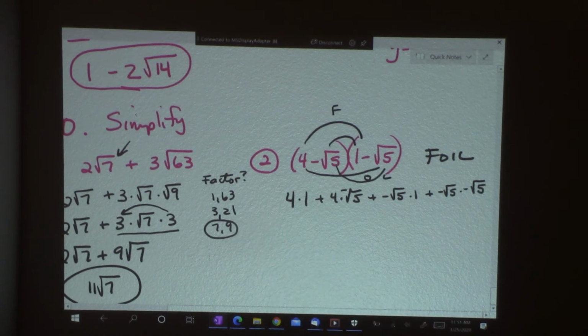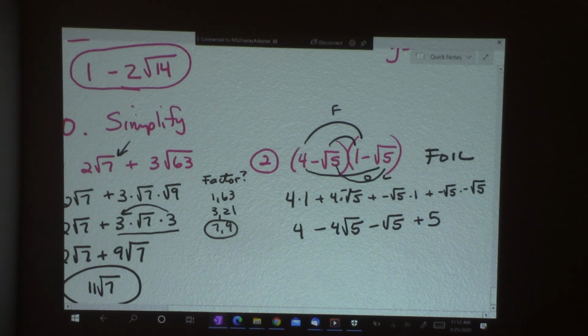All right, let's start to simplify. So 4 times 1 is 4, sorry. And then I have 4 times negative square root of 5, so that becomes a minus. And 1 times anything is itself. And a negative times a negative is positive, and the square root of 5 times the square root of 5 is 5.